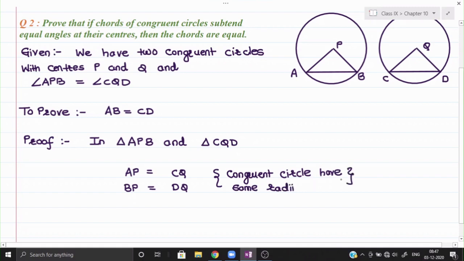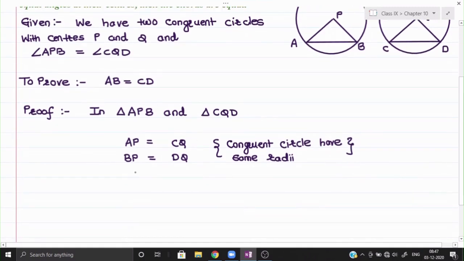Further, angle APB is equal to angle CQD, that is given in the question.